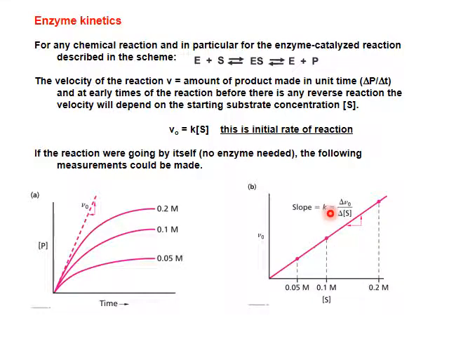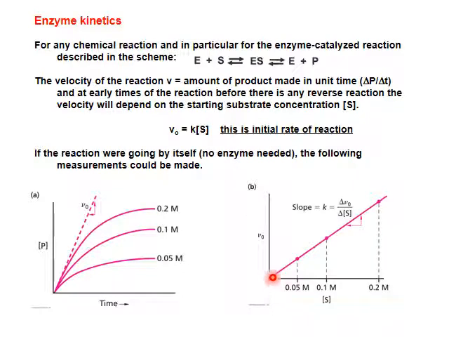So that's how you get the rate constant K of this S to P conversion without enzyme: you do these time courses at various concentrations of S, get those initial velocities, and plot those as a function of S concentration.